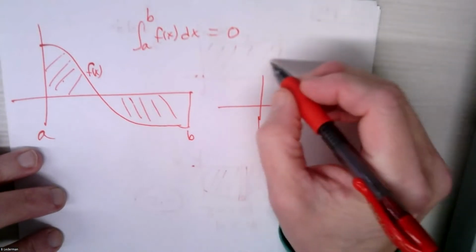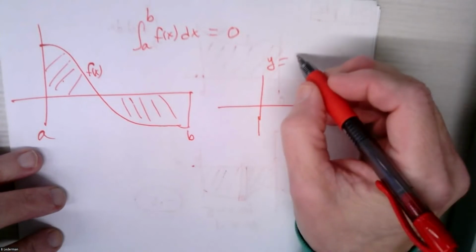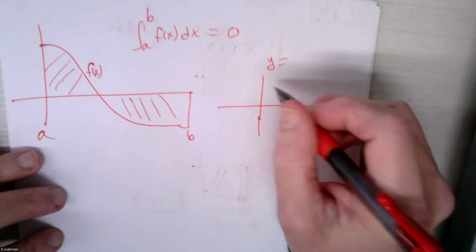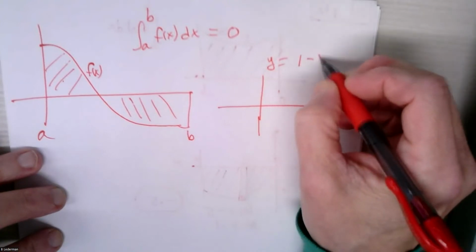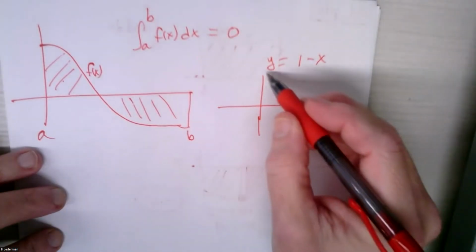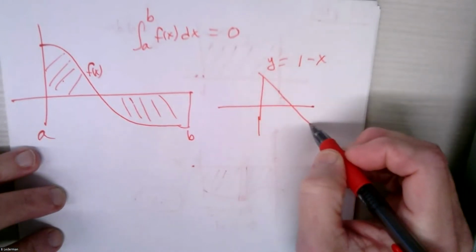Okay, y equals 1 minus x. If I graph it, it looks like that.